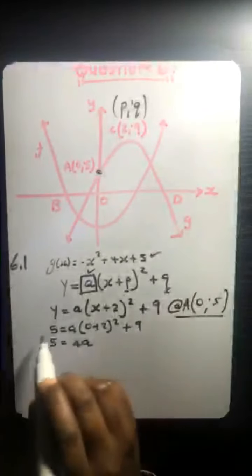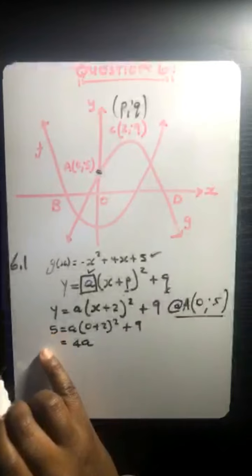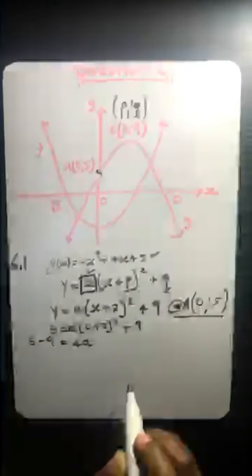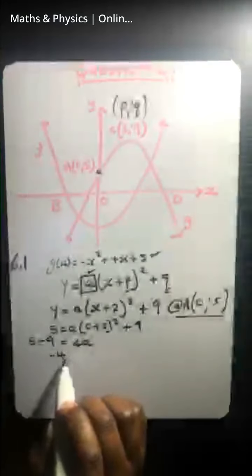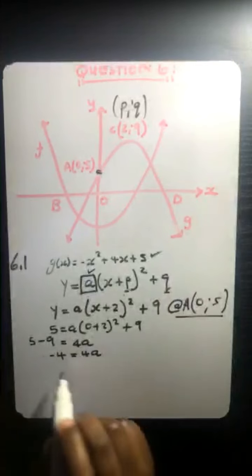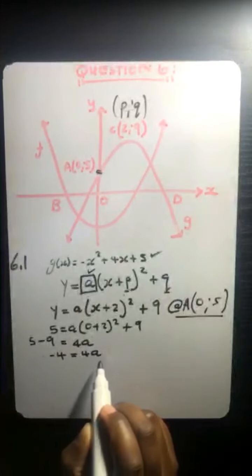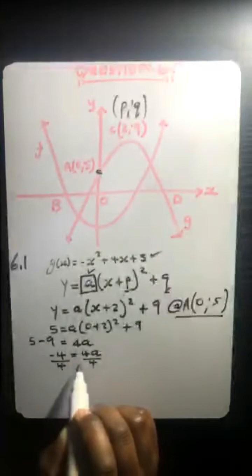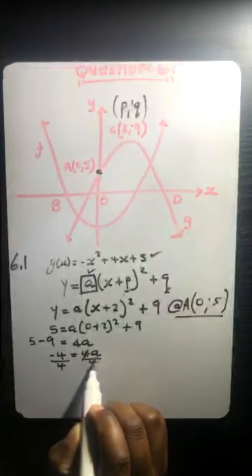Let's take the 9 to the other side, and it becomes 5 minus 9. What is 5 minus 9? Is that not negative 4? So we have negative 4 equal to 4a. We can just divide by 4 so that it cancels.